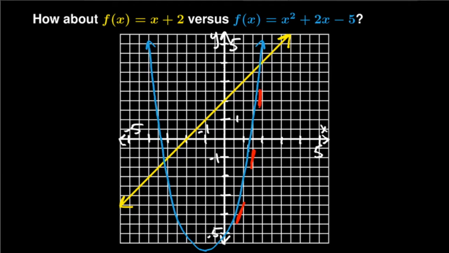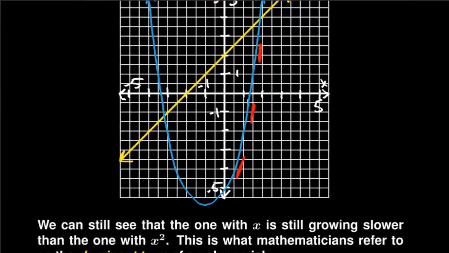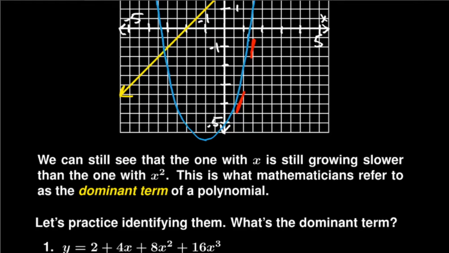I'm not drawing directly on it just so you can see the tangent line slope a little more easily. But as you can see, it just keeps increasing, and it does that really quickly. So still here we can see that the one with x is growing slower than the one with x squared.